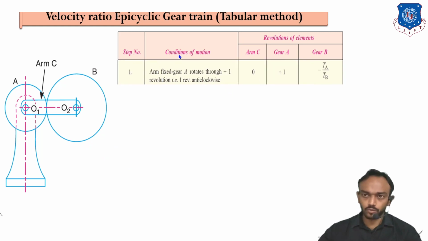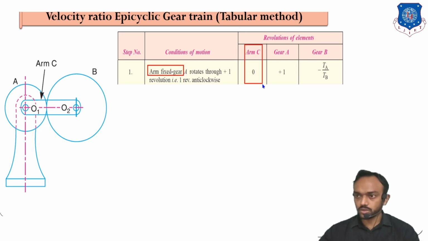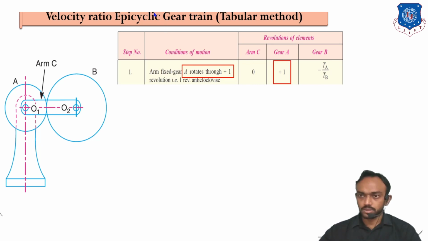In this second row, first of all, the arm is fixed, so the RPM of the arm will be 0, okay. And after that we have taken the second condition, A rotates through +1 revolution. First of all, check this anti-clockwise.